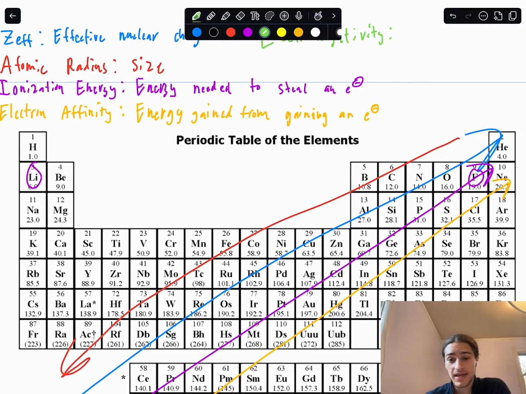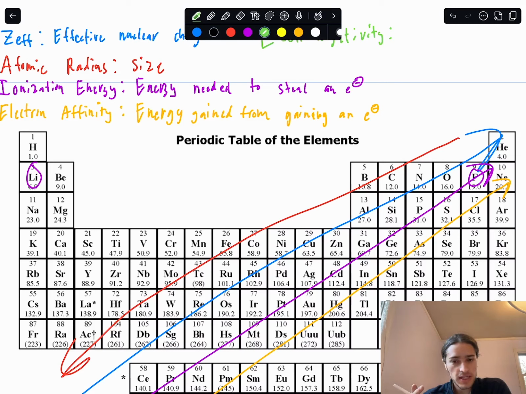But just know that moving forward, electronegativity is a way more common term. Effective nuclear charge, I almost never see that on the MCAT, and you hardly ever see it outside of Gen Chem. But electronegativity is a term you'll see all the time, and I'm going to talk about it all the time. That's why I really want to spend a lot of time today on the periodic trends.